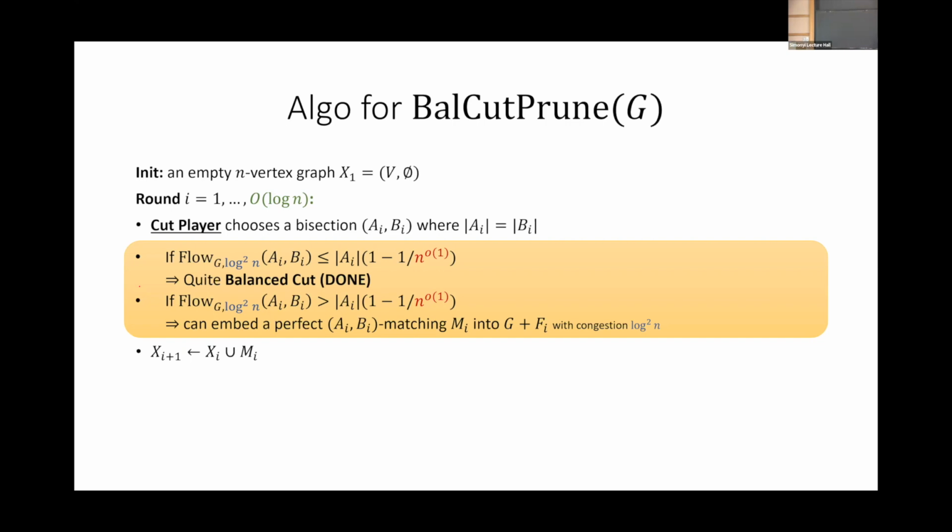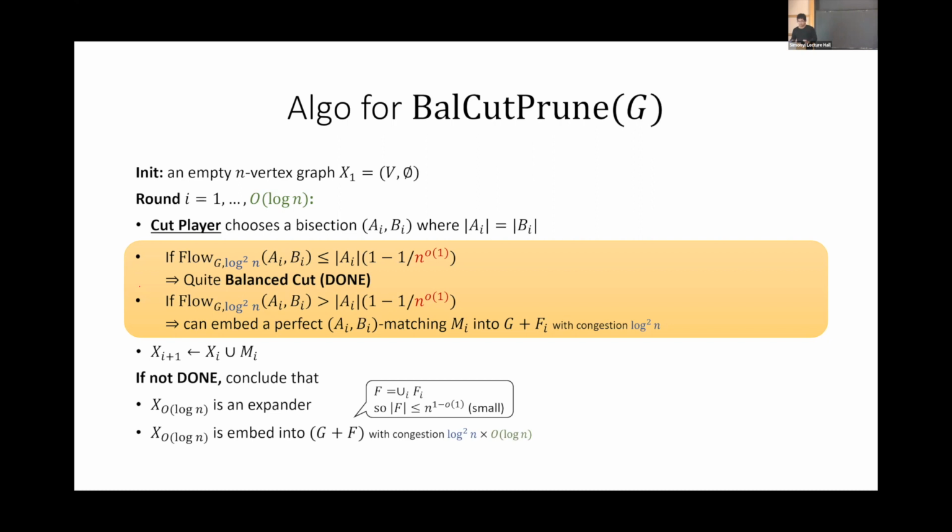If at some iteration you get a balanced sparse cut, you're done. You just terminate and you are finished with this balanced cut prune. But if you're not done, it means that at this point the graph X is an expander.